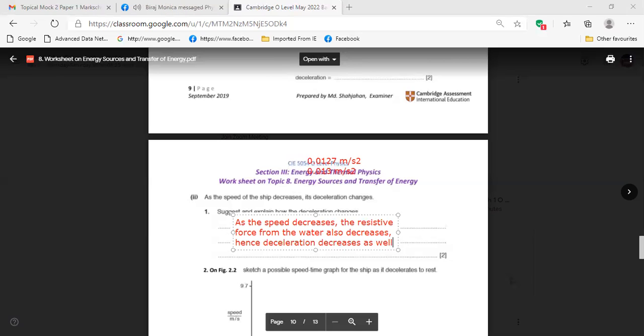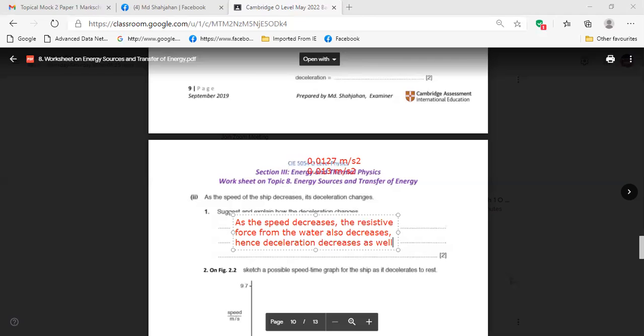So you understood it, right? Deceleration decreases. Deceleration also changes. That means if your opposite force or the resistive force decreases, deceleration also decreases, right? What is deceleration?